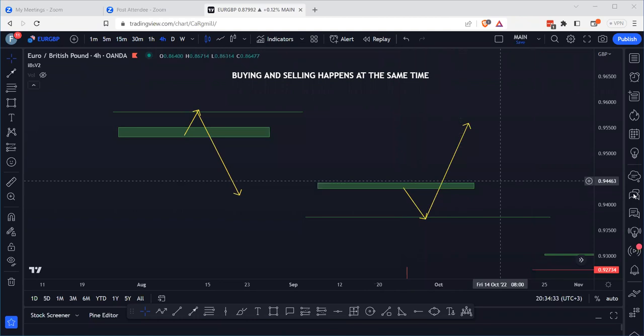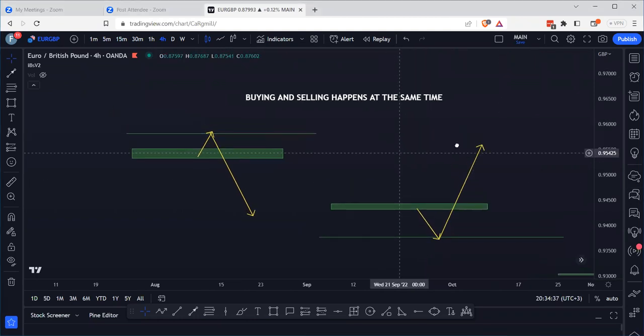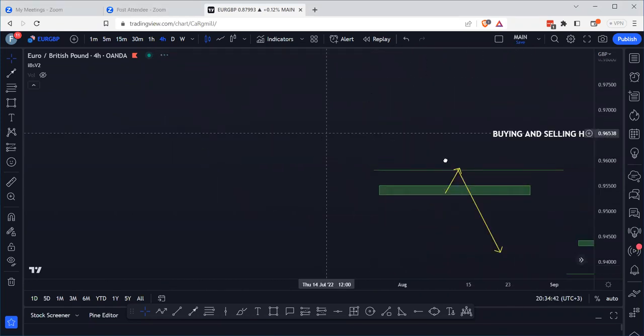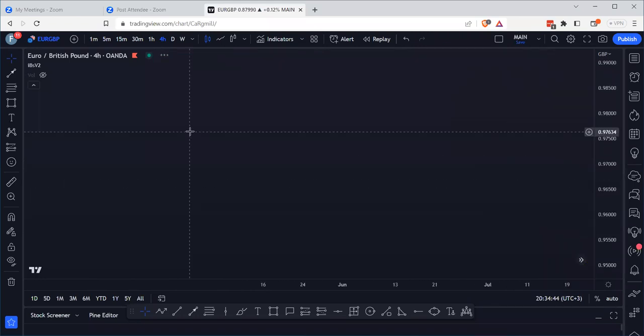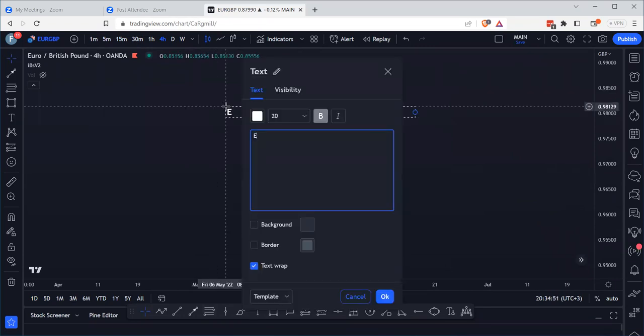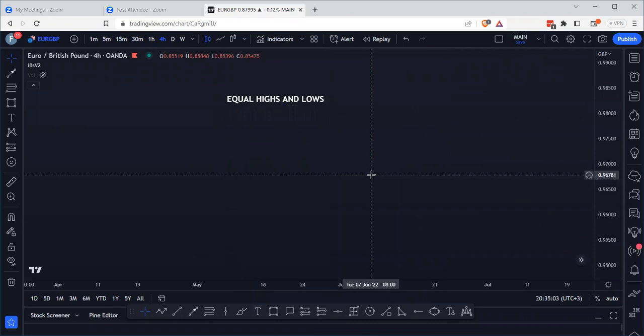So let us talk about how you spot liquidity. What are some pointers to spotting areas where liquidity will be grabbed? The first thing that I'll talk about is equal highs and lows, so that you see something like this.